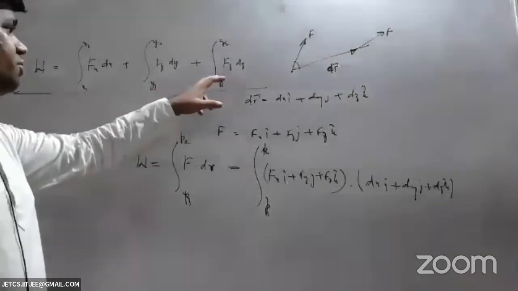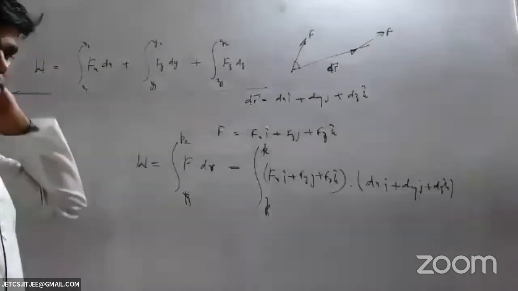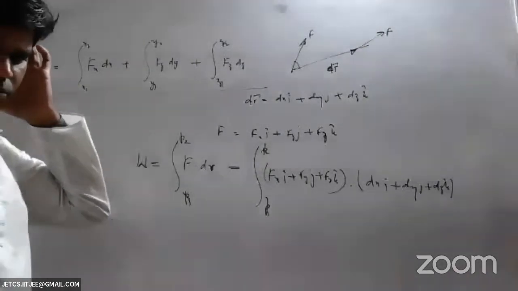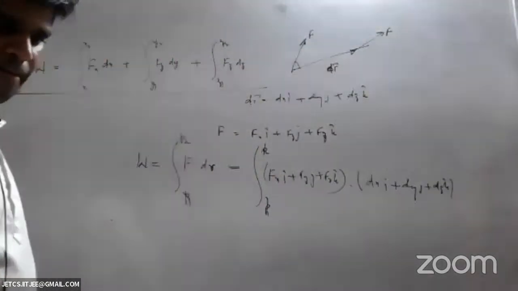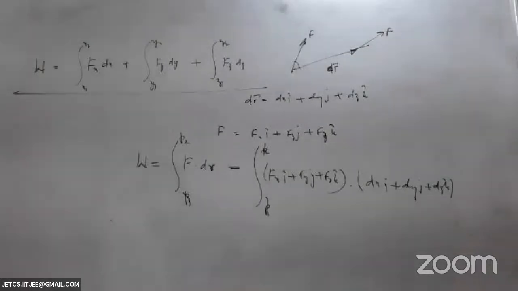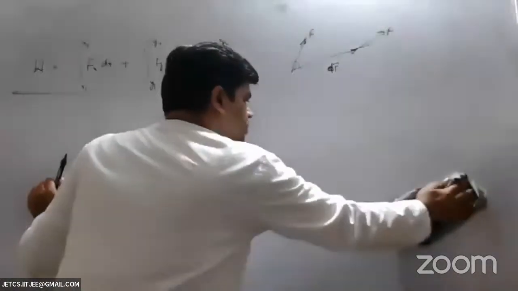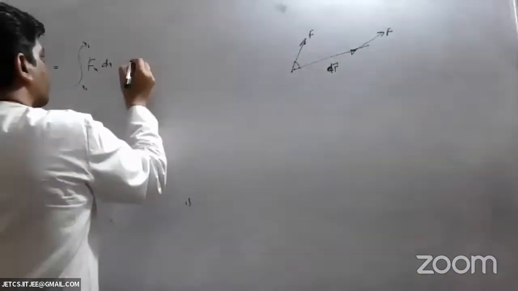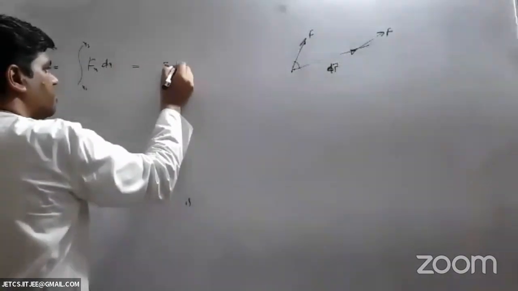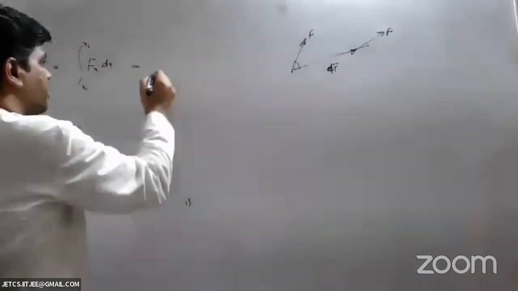So fy and dy are 0. Only fx is there. I do the integral of fx dx from x1 to x2. The function is the variation in temperature, 5 plus 2x plus 3x square.